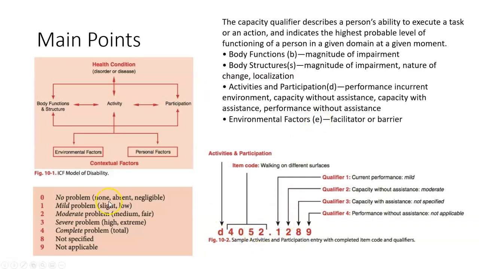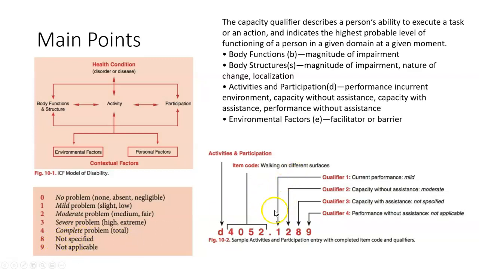You then have, using the numbers to the left here, 0, 1, 2, 3, and 4, with 0 being none and 4 being complete. So we really have a 5-point scale here from none to complete, 0 through 4. And then 8 and 9 are either absent or not applicable.